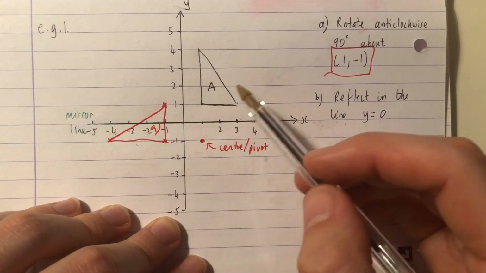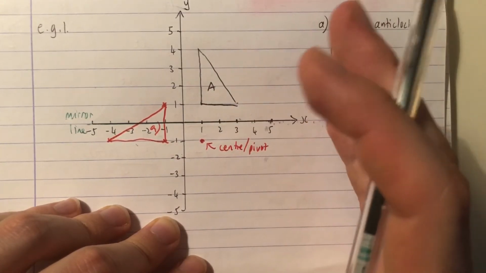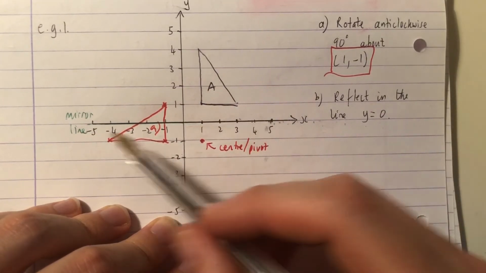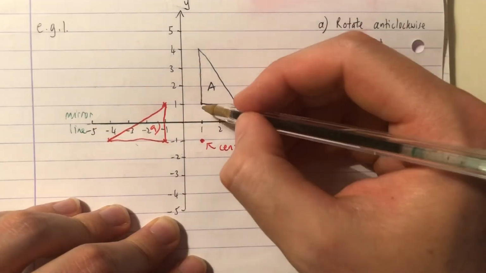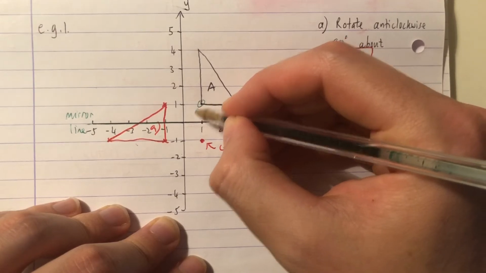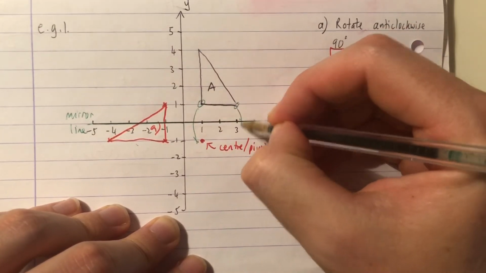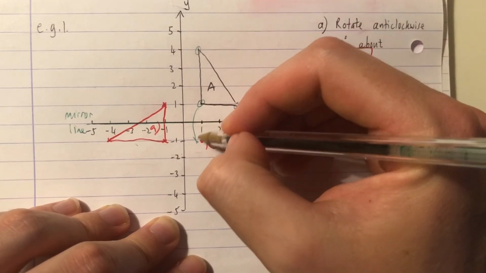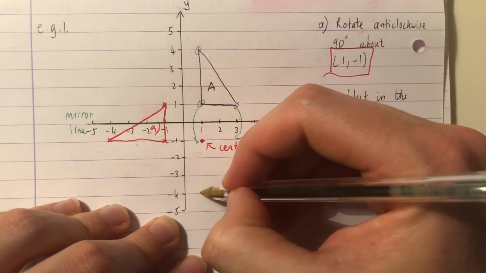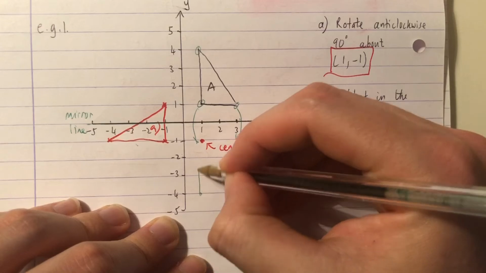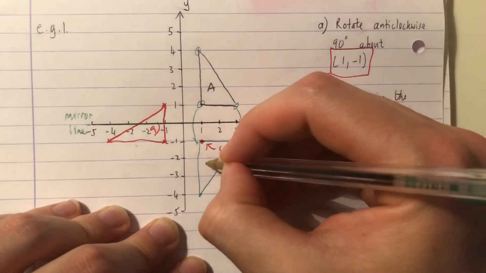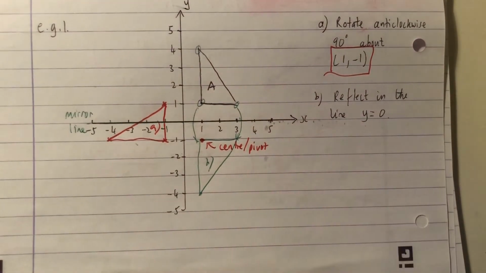Now if you've got a diagonal line, it's good to rotate your page so it's either horizontal or vertical, but this is a horizontal line and this is quite straightforward. So this point gets reflected down there, this point gets reflected down there, and that point up there is currently 4 away, so it gets reflected 4 away in the opposite direction, and you end up with that as your image, which I'll call part B.